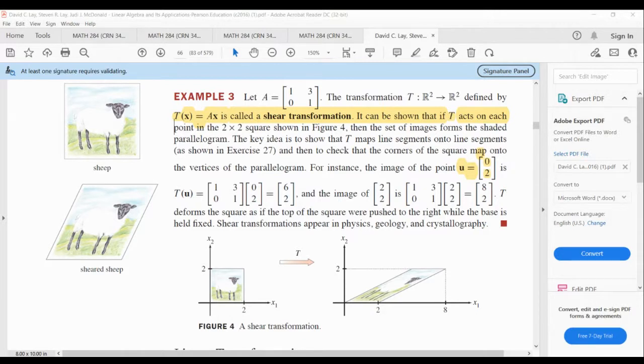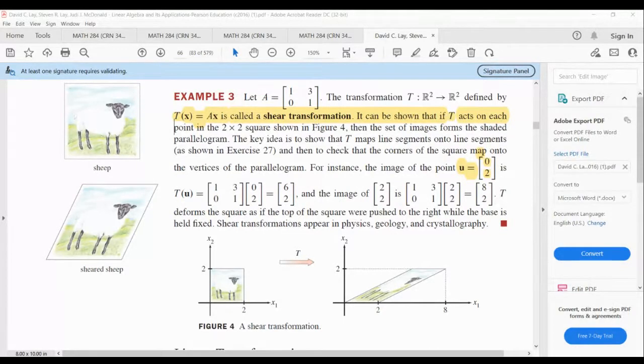If you take the corner point 0, 2, which is on the top, on the x2 axis, and transform it, 0, 2 becomes 6, 2. And similarly, the image of 2, 2 is 8, 2.